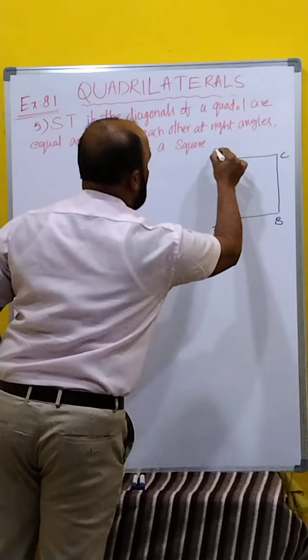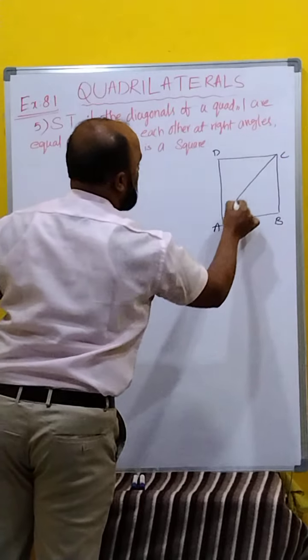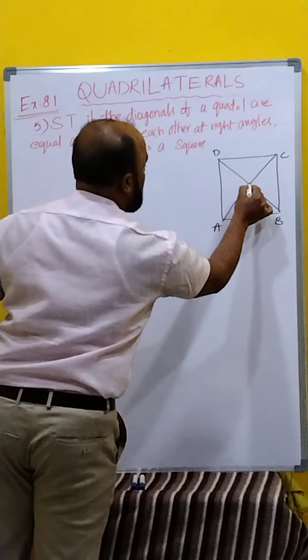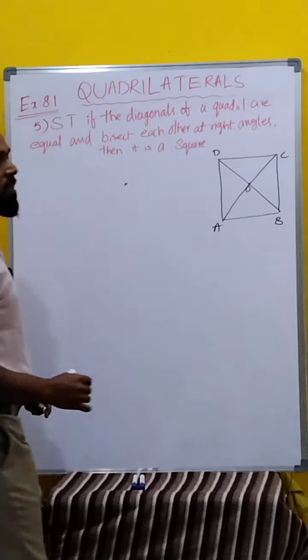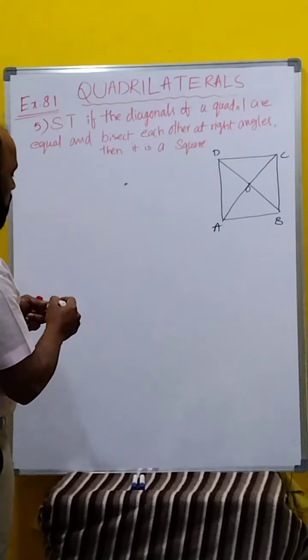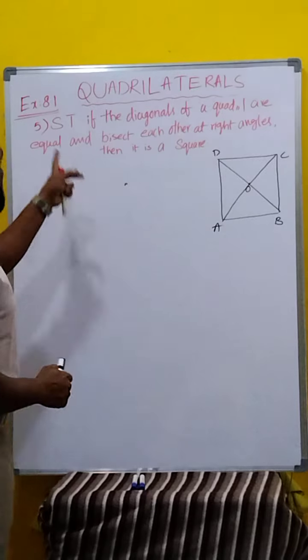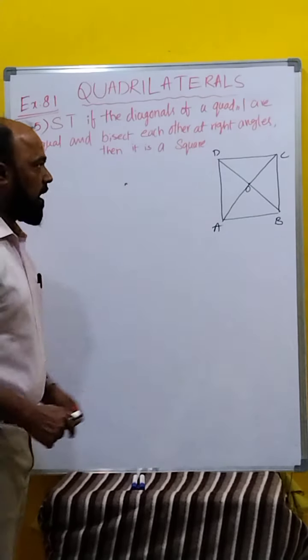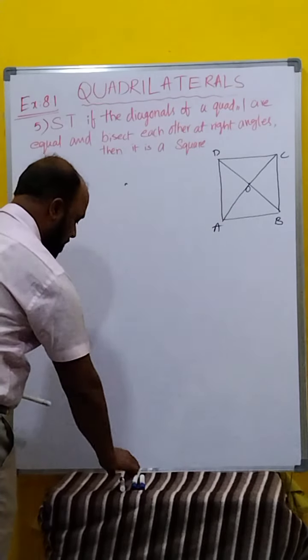ABCD is a quadrilateral. Join the diagonals, intersecting at O, both the diagonals intersecting at O. Clear? Now, given what is equal, diagonals are equal and bisecting at 90 degrees, that you will write.